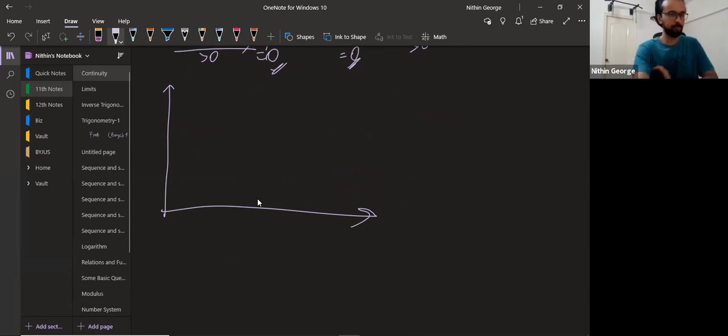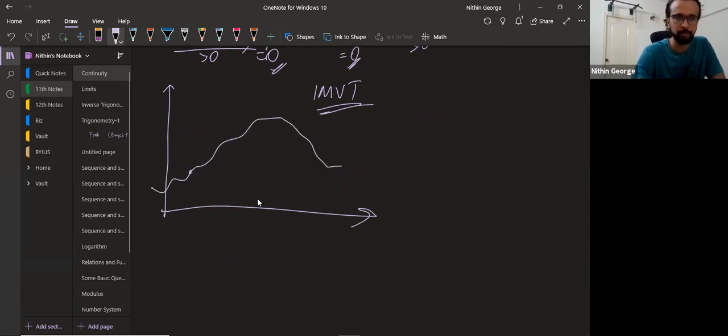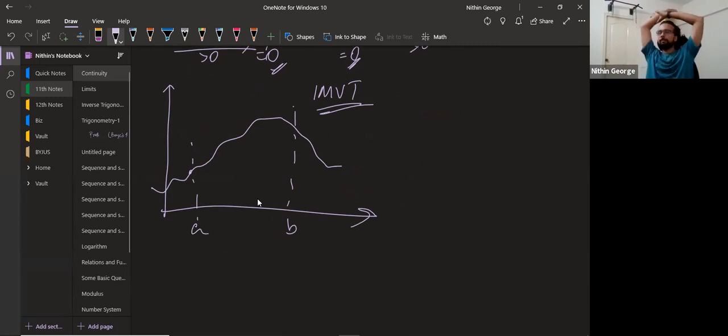Okay. So next is intermediate value theorem, but I won't be teaching you the whole thing, or will I? We'll find out. Okay. So you have some function going like this, some crazy looking function here. Let this be the point A, this be the point B. You can see from the graph that it is continuous between A and B. All right.